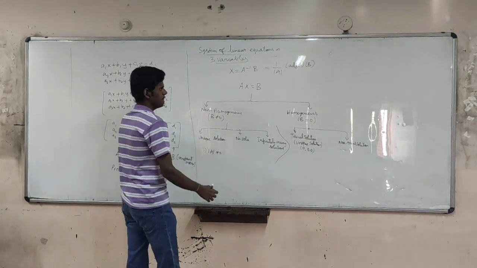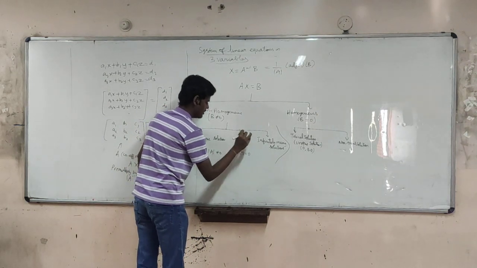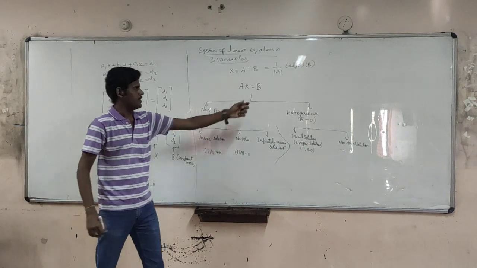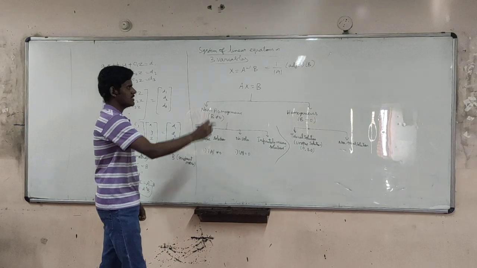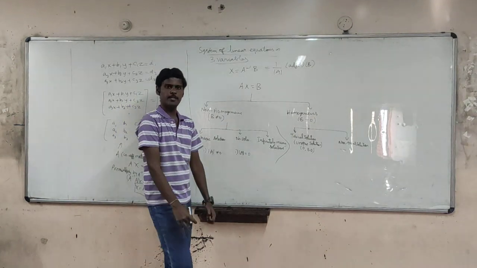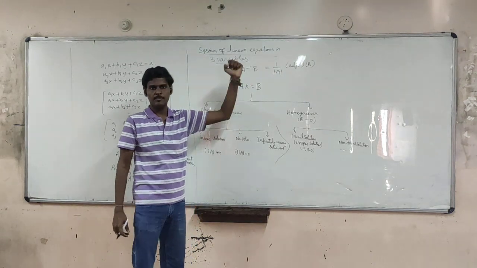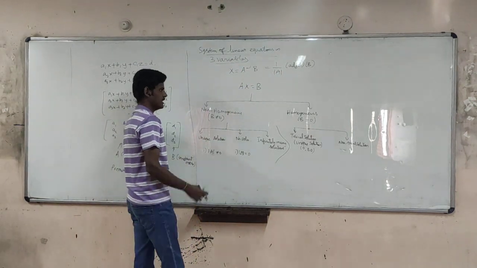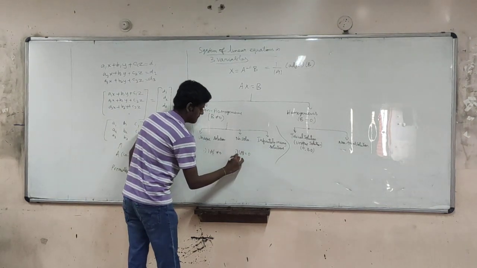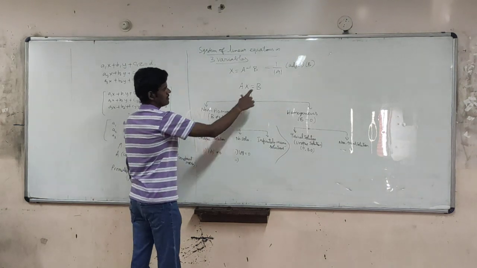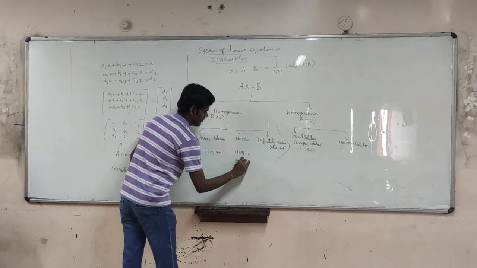For no solution, determinant A is equal to 0, the denominator is 0, and the numerator is non-zero. That means some number divided by 0 means we can't say it as any finite number. So this is for the second case, adjoint A into B is not equal to 0.